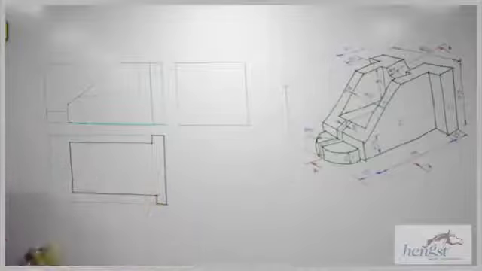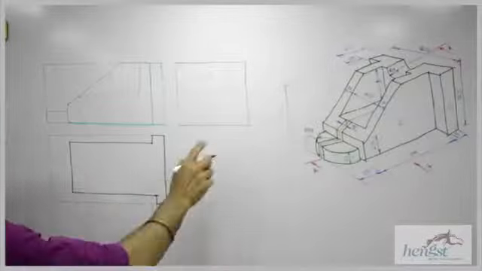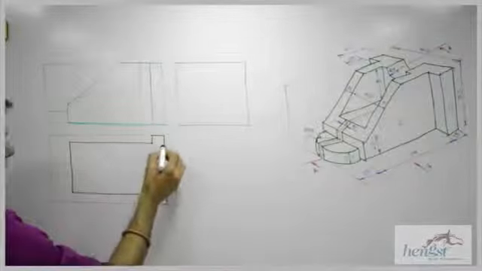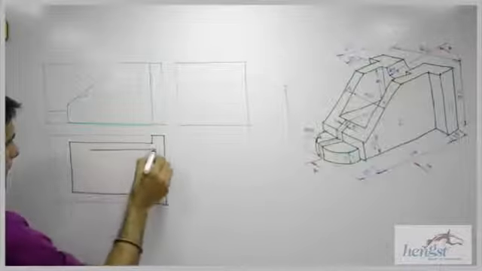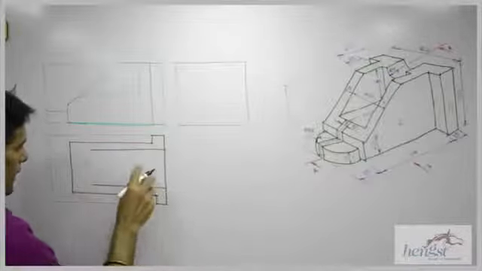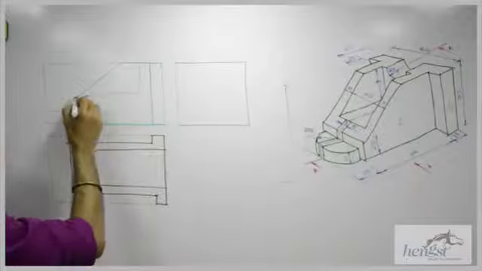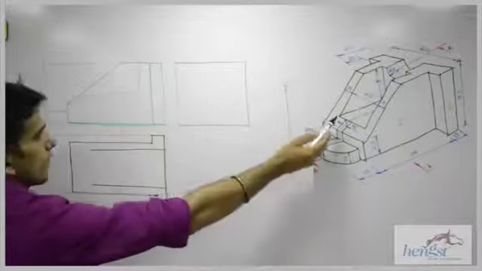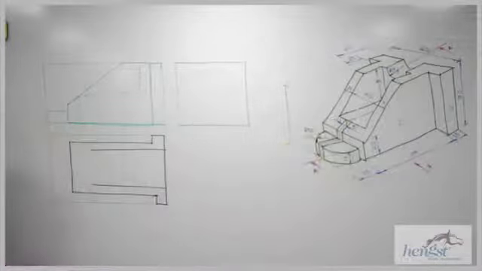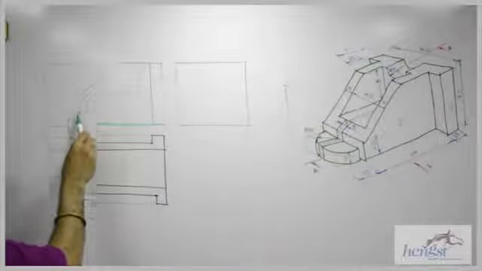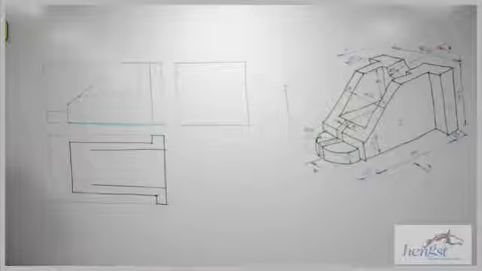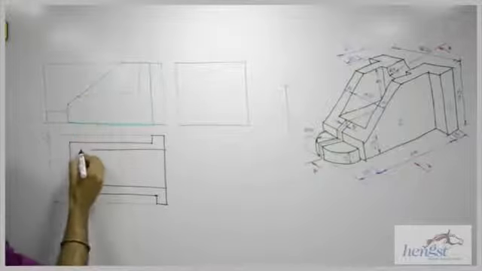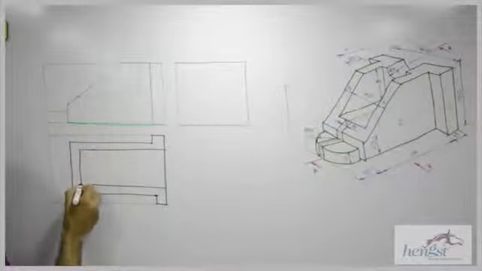See this, this part will be like this. Then they have given 10, so we can take 10 width. And how much will this be? This is up to this line, right? See this part, no? So that we can project from here. Project from here, this is what you will get.